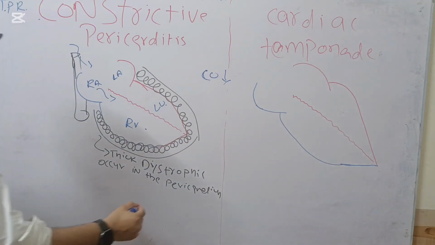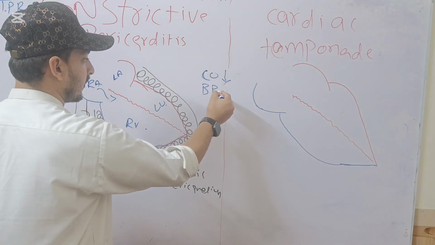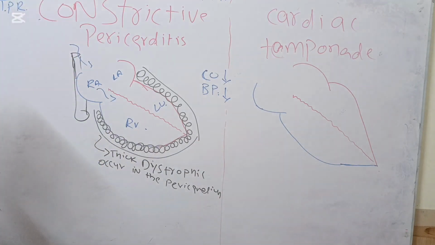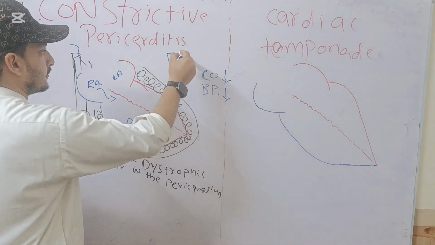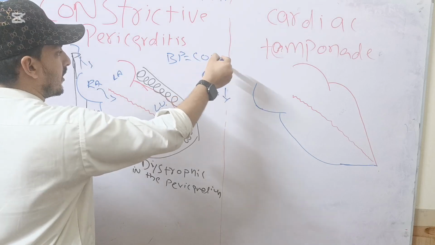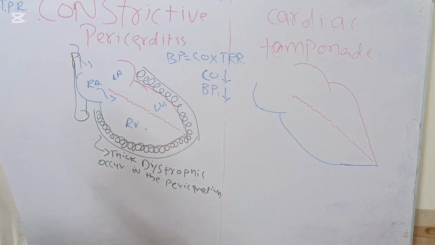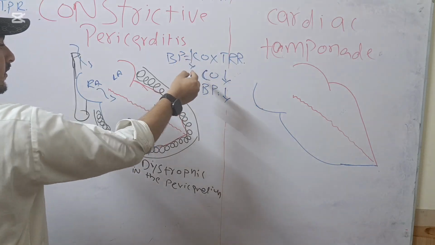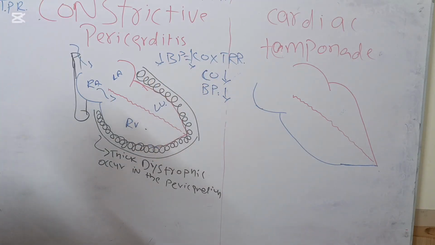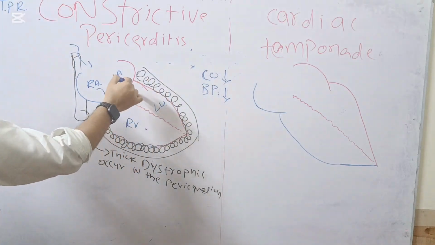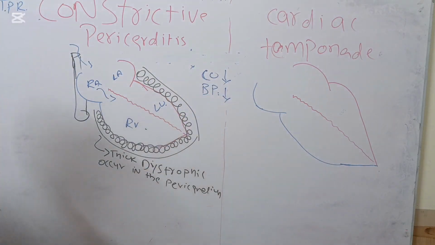So what happens to BP? The pressure is decreased. We have the formula: BP equals cardiac output multiplied by TPR. If cardiac output decreases, BP will decrease. What about the heart rate?